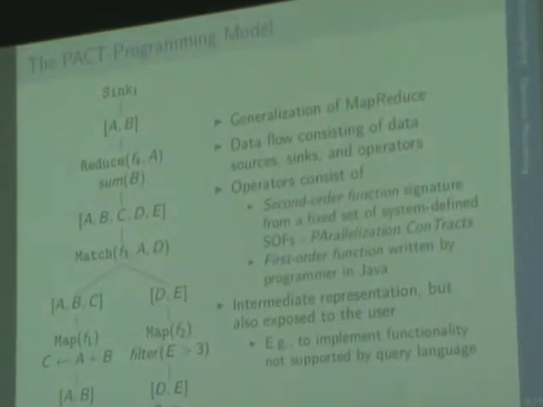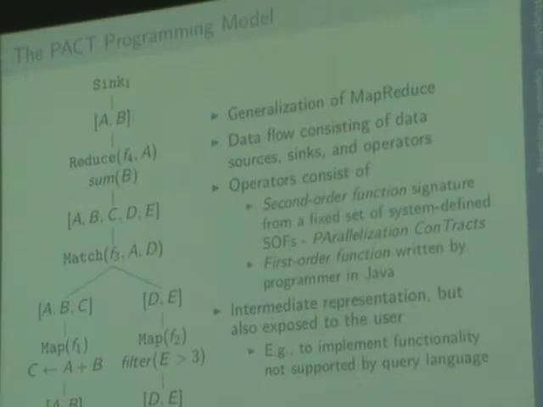It's not necessarily what I do right now, but for example, with match, we can implement joins in data flows. For map, the first order function that is written by the user in Java code is called once for every tuple.